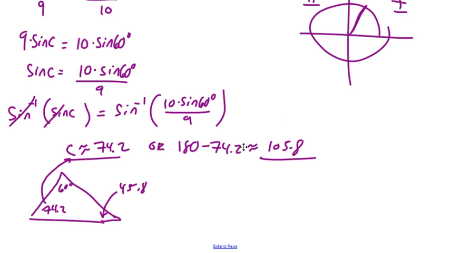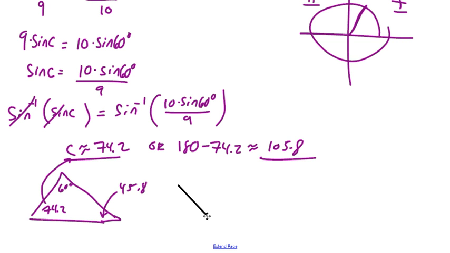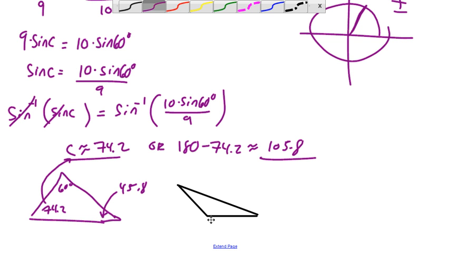But what happens, okay, watch this now. What happens if I use 105.8, if I have an obtuse angle? So that means I'm going to make it actually wider now. So maybe I'll make it like this, where it's now an obtuse angle. This now becomes 105.8, right? And hopefully this is making sense here.